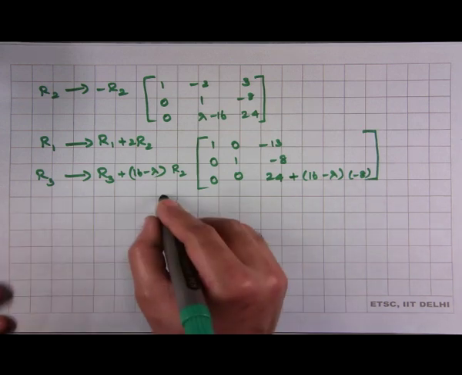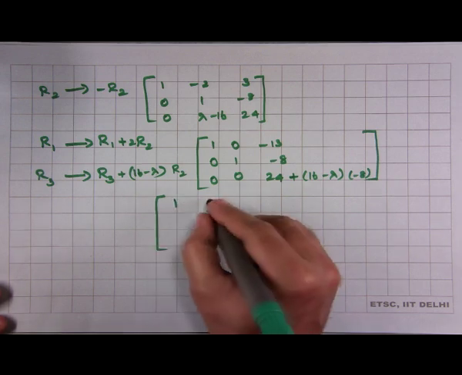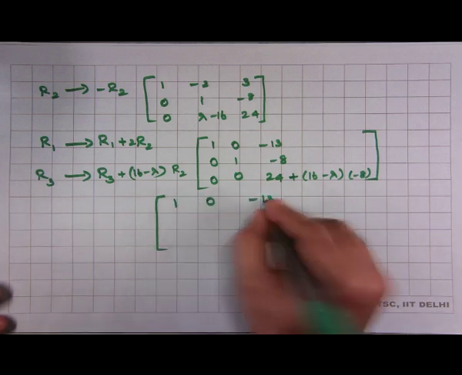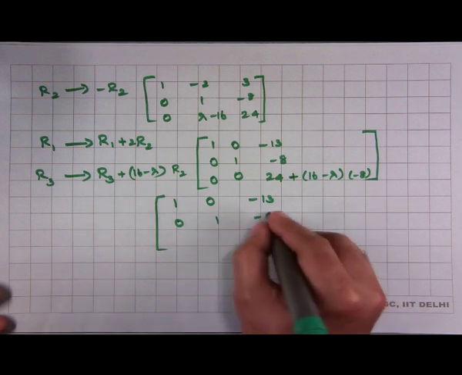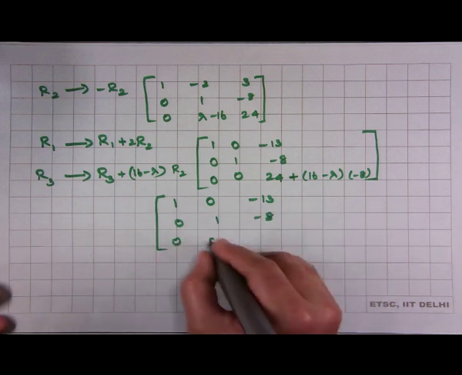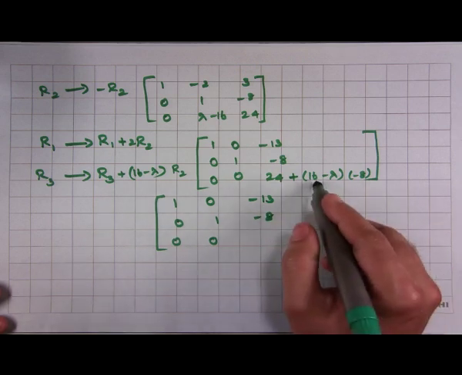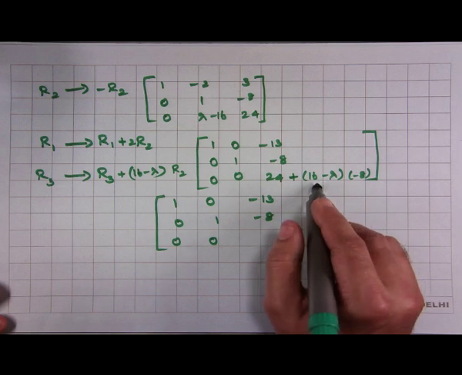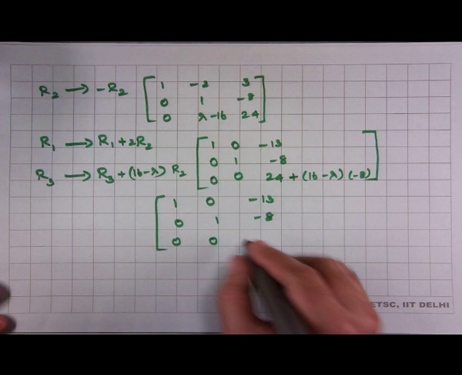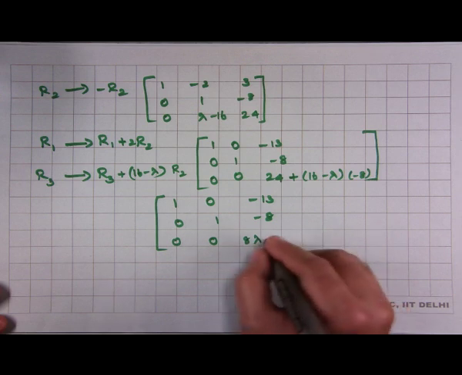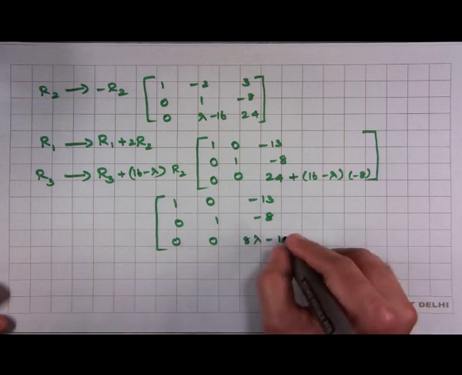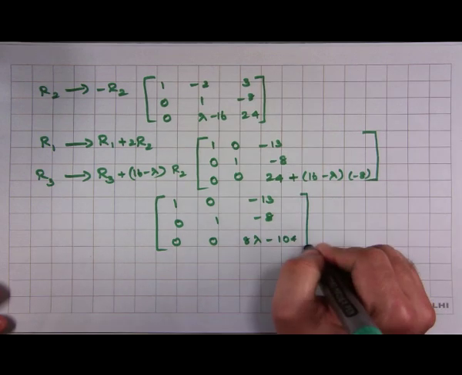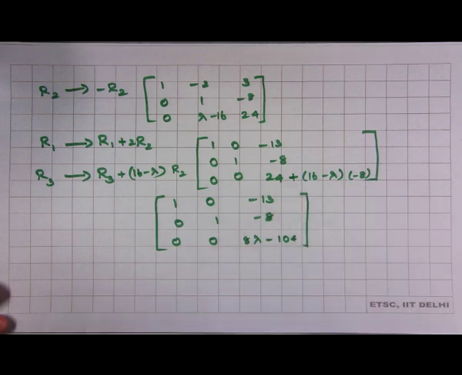So, let us write it down: 1 0 minus 13, 0 1 minus 8, 0 0, 128 minus 128 plus 24. So, you will have 8 lambda minus 104, right, 8 lambda minus 104.